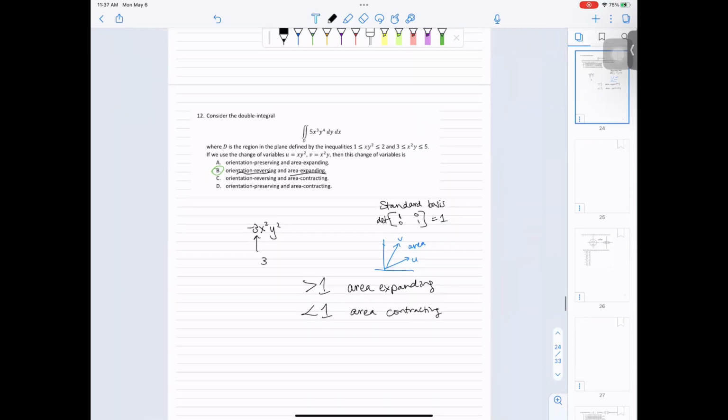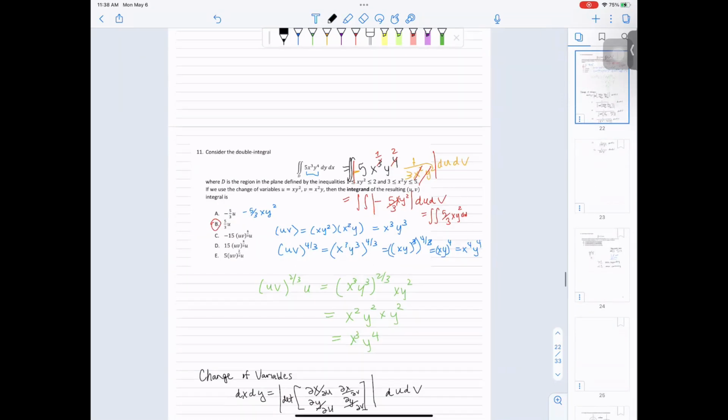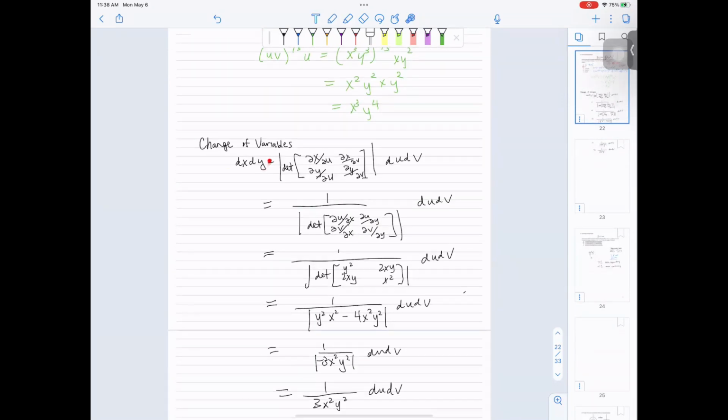For 11, how do you get dx dy? 11, yeah. dx dy by the change of variables theorem is equal to the absolute value of the determinant of your derivative matrix, where in your derivative matrix, the way I remember it is that the outputs are whatever I wrote over here. So X and Y are the outputs, so they're in the rows.